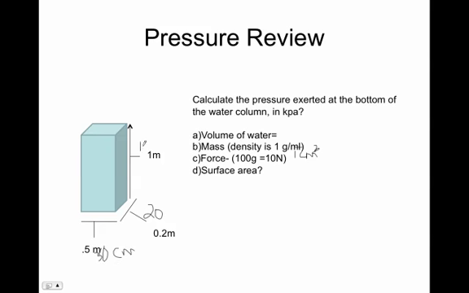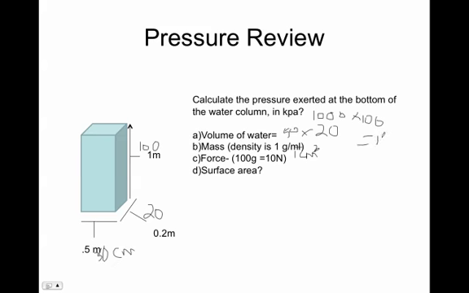And this is 100. So the volume is 50 times 20, which is 10 with 2 zeros, times 100, which is another 2 zeros.